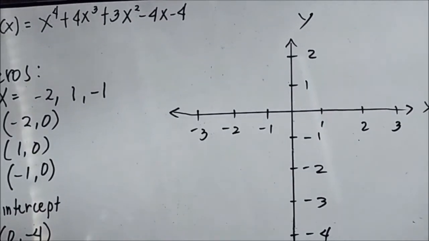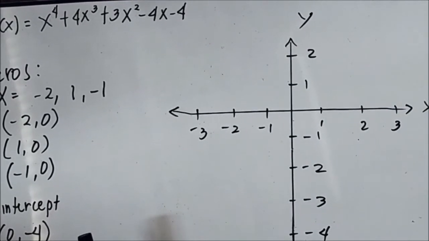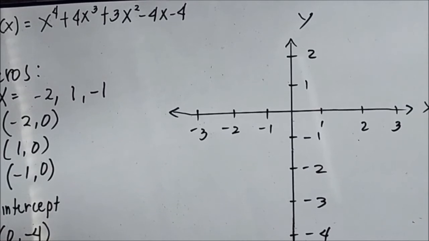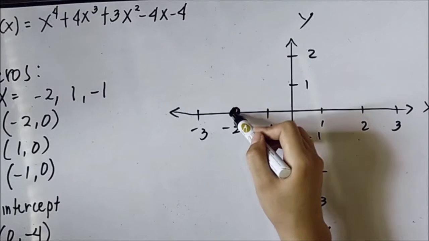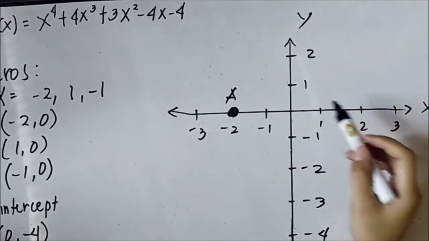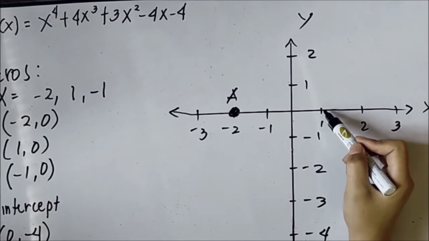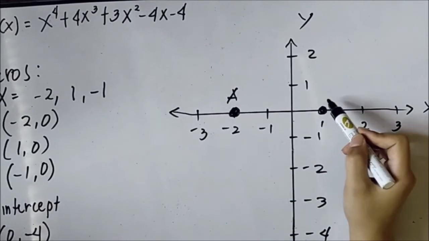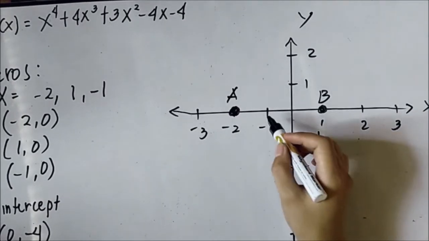Okay, so we are now going to plot the points. We already solved a while ago the zeros. So we have A, B, and C. So to plot the points, we have negative 2, 0. So this is negative 2, 0. That is A. Then 1, 0. So positive 1 on this side. So we have 1, 0, B. And negative 1, 0 here.